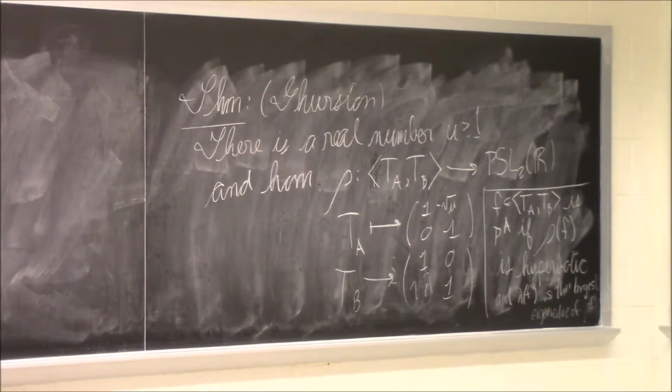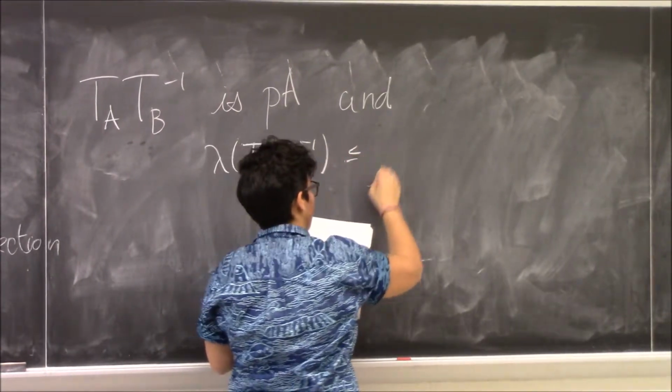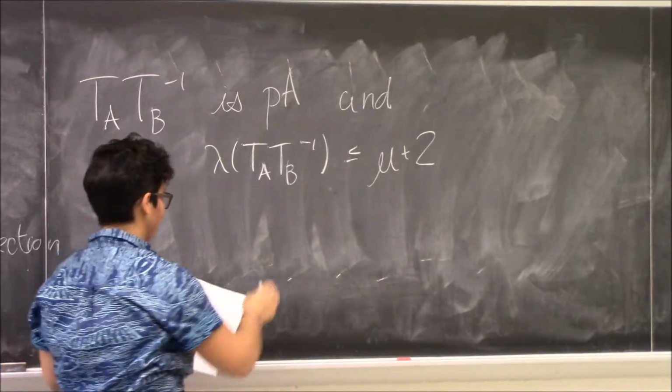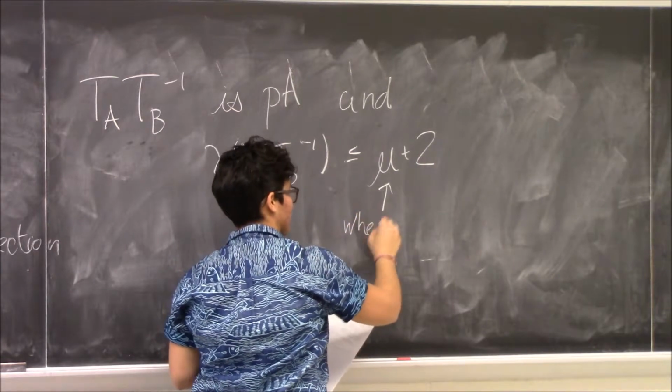In fact, we have that the dilatation of this composition of twists is bounded above by mu plus 2, which is the trace of that matrix, where this is something that we can actually get our hands on.